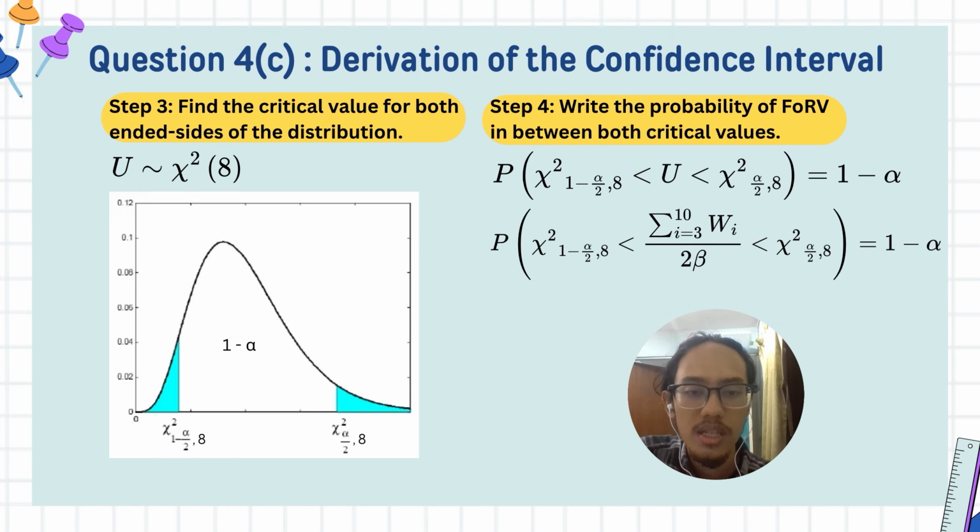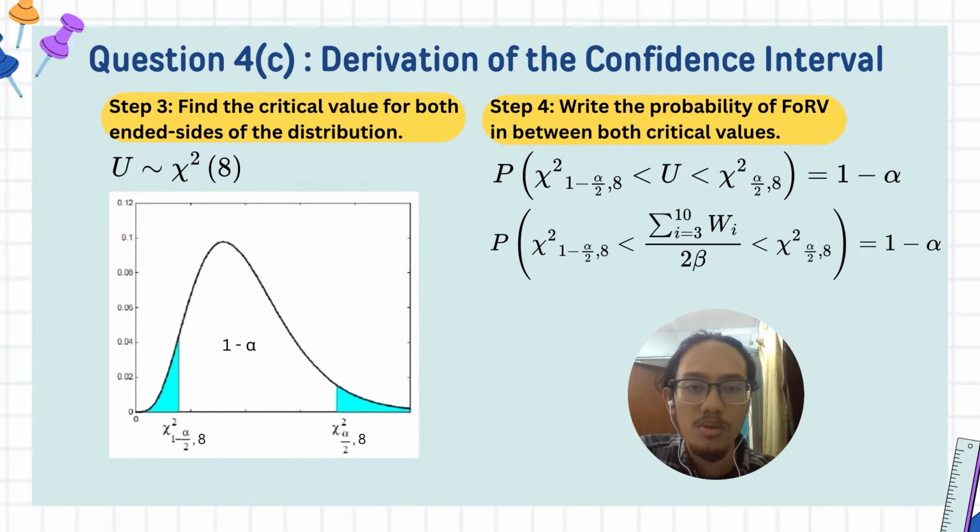The blue shaded regions represent rejection regions, each with probability of alpha over 2, and the unshaded region is known as the confidence region or acceptance region, which has the probability of 1 minus alpha.